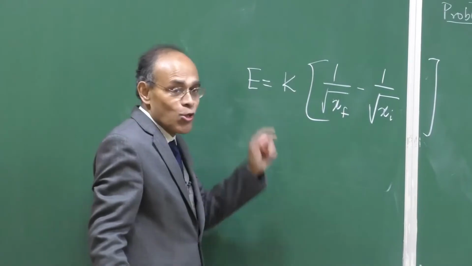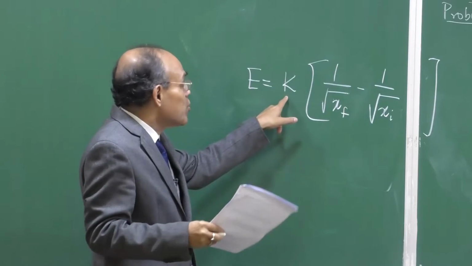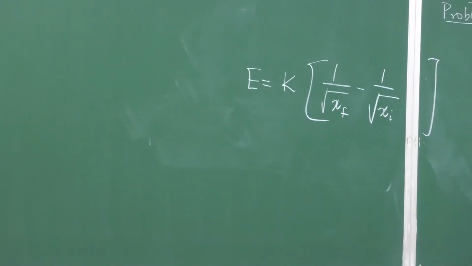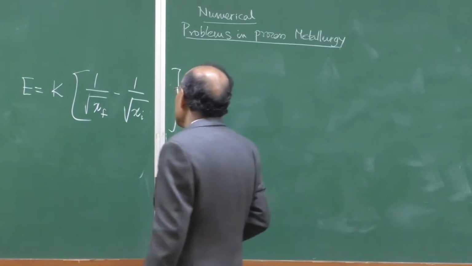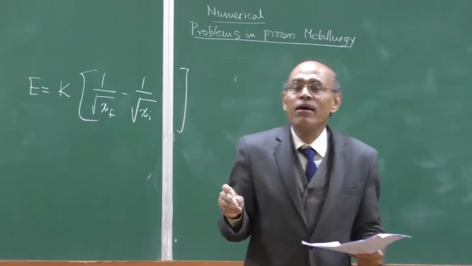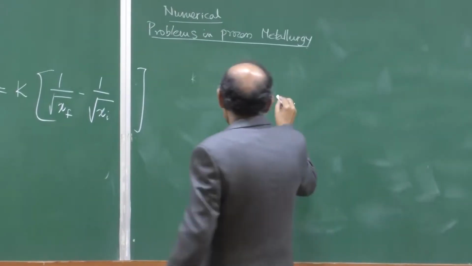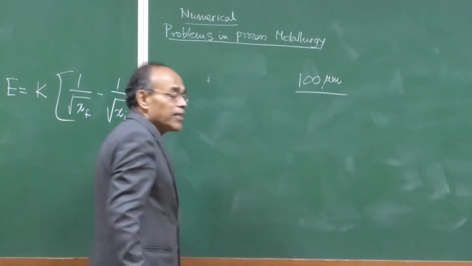For example, in Bond's law, this constant is converted into a Bond's work index, which is defined as the power required per ton of material crushed, by crushing material where 80% of the material passes through a 100 micrometer screen.